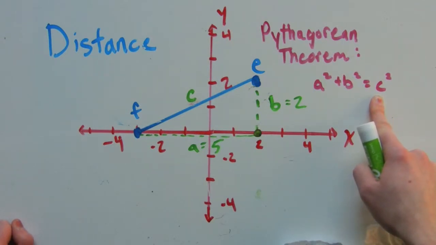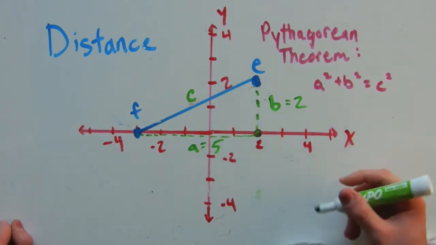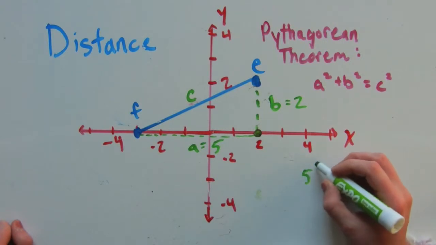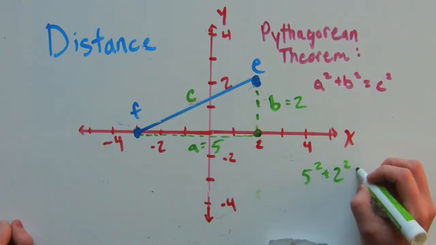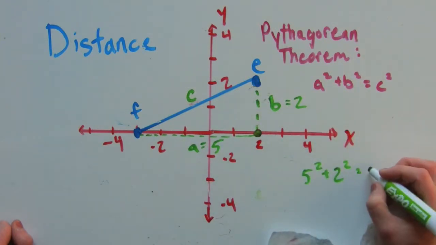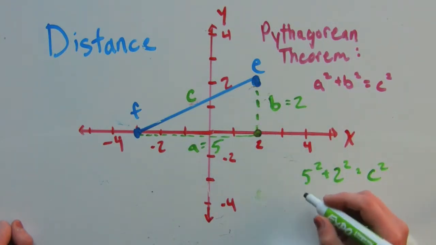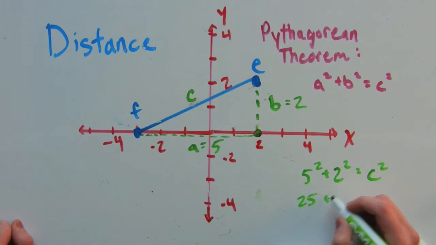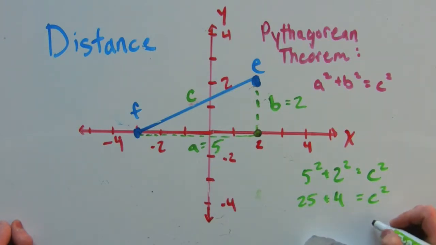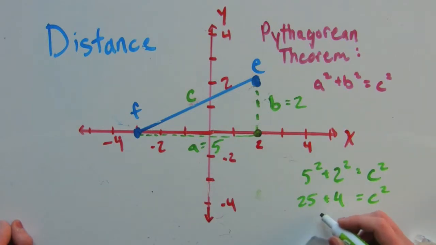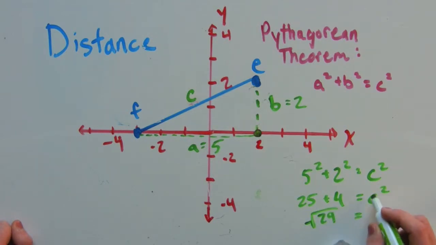So all we need to do is plug it in. So it's going to be 5 squared, which is a squared, plus 2 squared, which is b squared, equals our c squared. 5 squared is 25, plus 2 squared is 4, equals c squared. 25 plus 4 is 29, and we need to take the square root of that 29 because we need to take the square root of c squared.